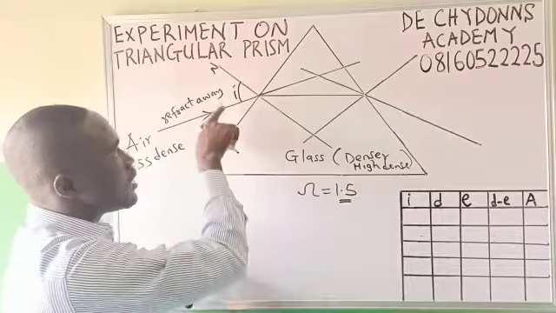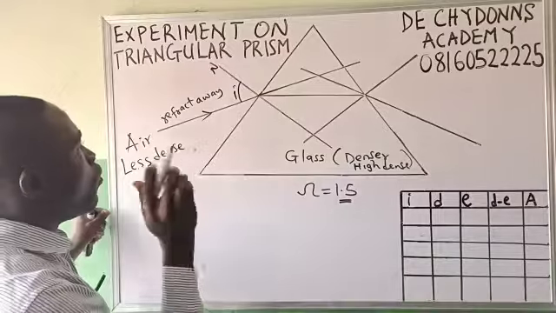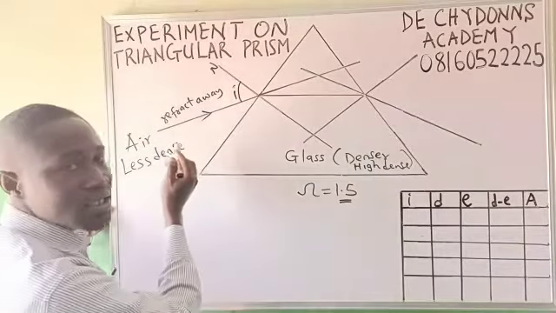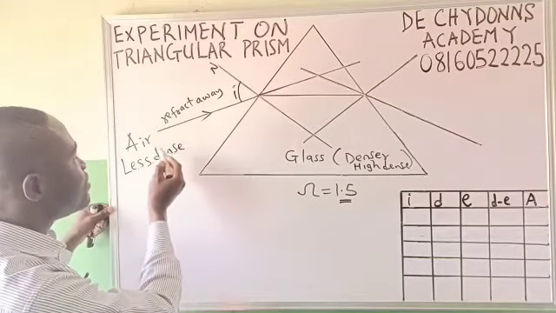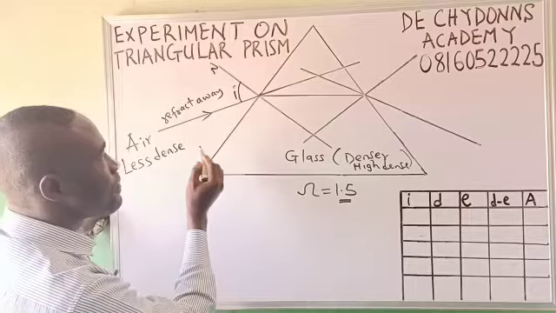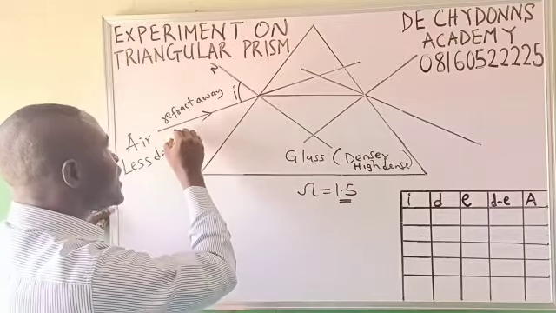That angle here, we call it the incident angle. I repeat, once a light ray is coming from the less dense medium, which is air, entering the denser medium, that light ray moving, we call it the incident ray.